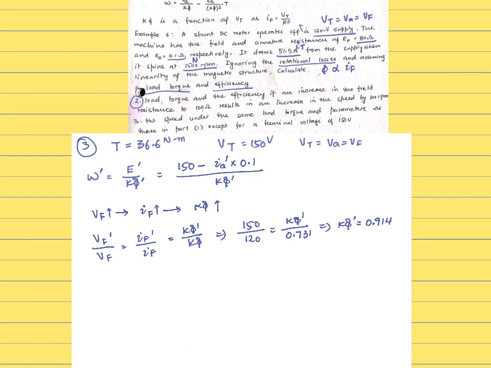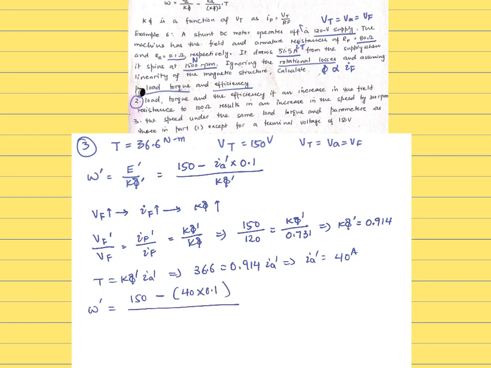So that will be T equals K phi prime IA prime. So T is 36.3, 0.914 IA prime. That will lead to IA prime being equal to 40 amperes. And that being solved, gives you the speed. So 150 minus 40 times 0.1, divided by K phi prime, 0.914.